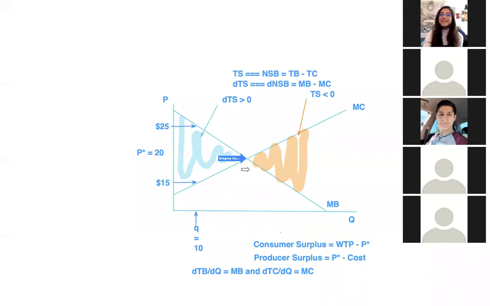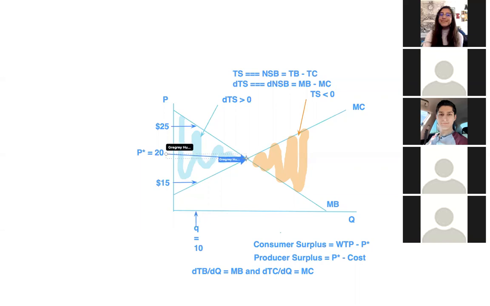No, it's 0. Because see what's going on is at Q equals 10, the buyer has a value of 25, which is the height of the demand curve. Here, the height of the demand curve is 20, because we said this is the equilibrium price.